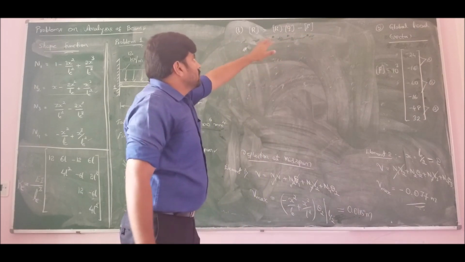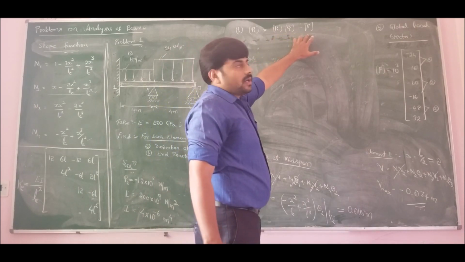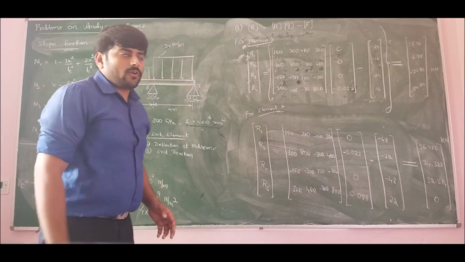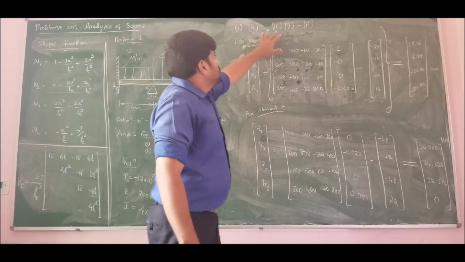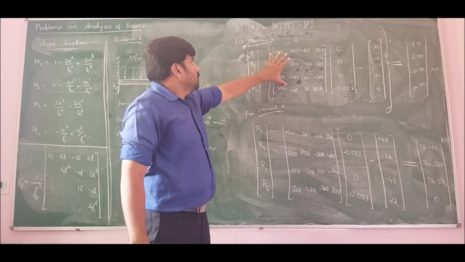Similarly for element 2, you note down K matrix for element 2, Q matrix for element 2 and F for element 2.